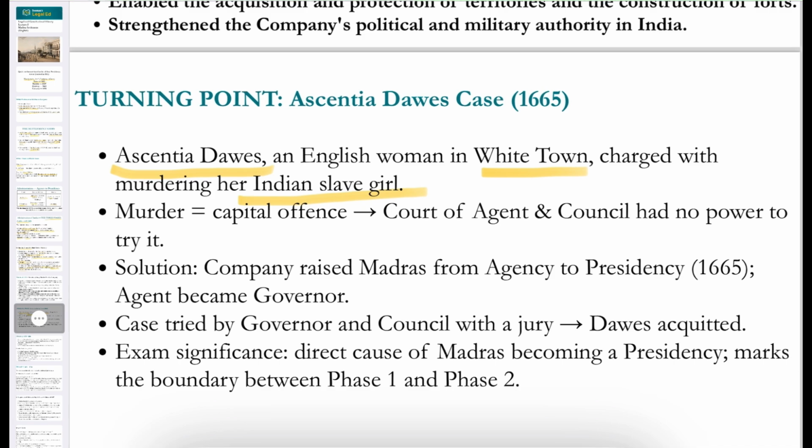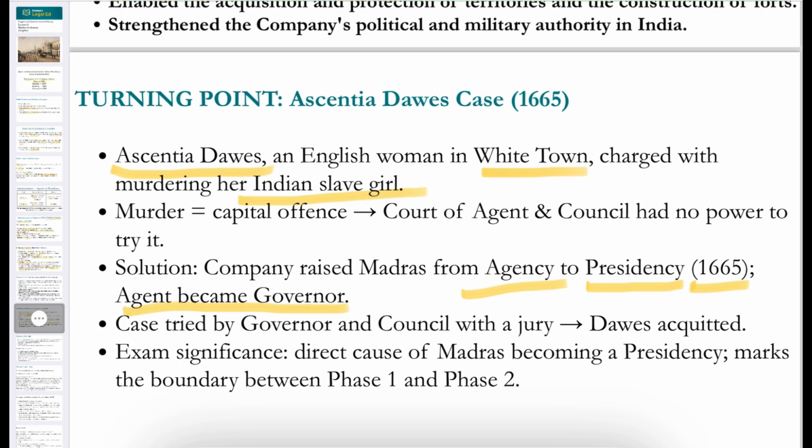So the East India Company realized that if they raised Madras from agency to presidency, the agent becomes a governor, and the governor's court, with the help of a jury, can try capital cases. So in 1665, Madras was officially raised to the status of presidency, and the agent became the governor.